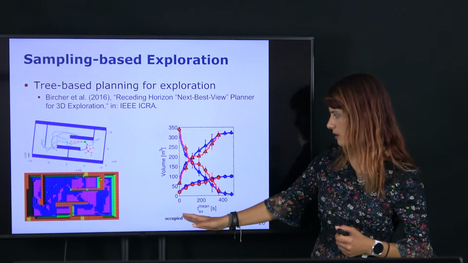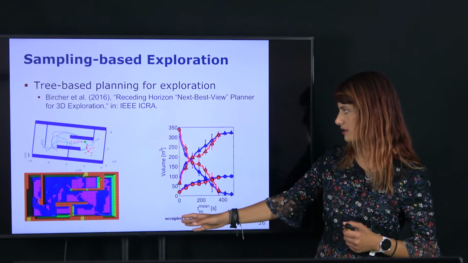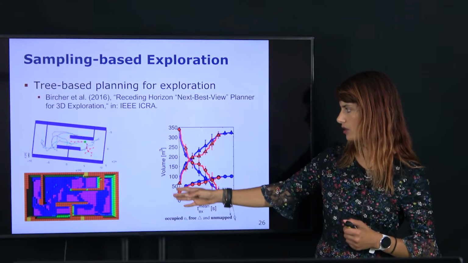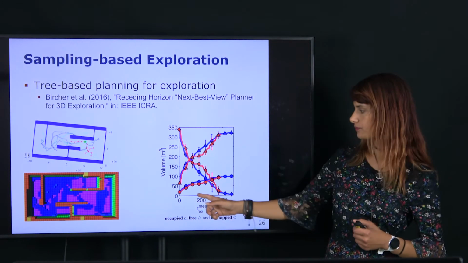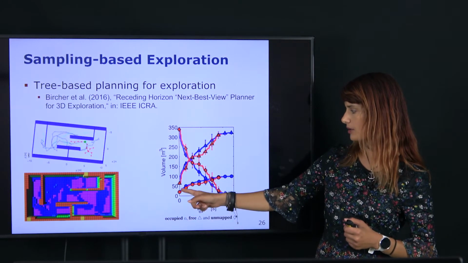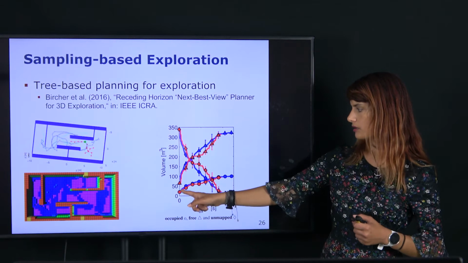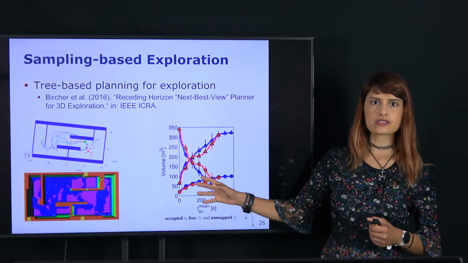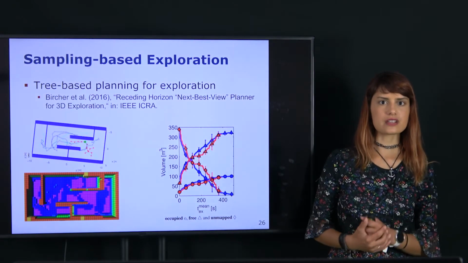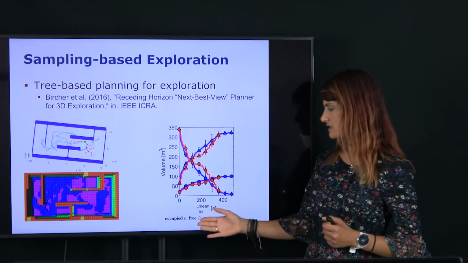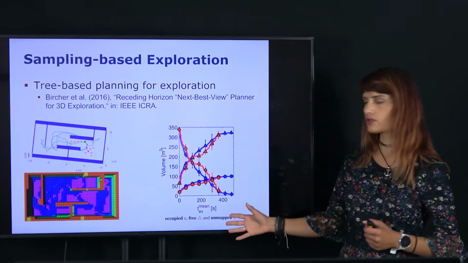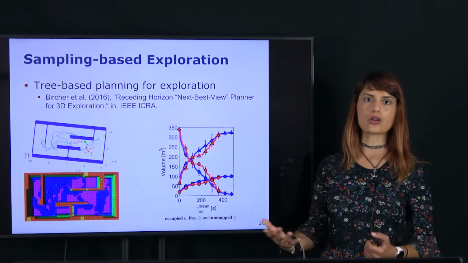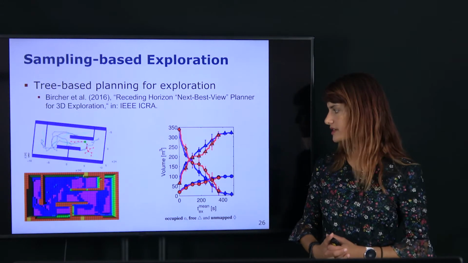So we can see, for example, in terms of occupied cells, if we measure the volume of these cells against the time of the mission, we can see that the sampling-based strategy does a little bit better because it uncovers the occupied voxels much faster. And we can see the same trends in terms of mapping the free space volume and reducing the amount of unmapped or unknown volumes in this environment.